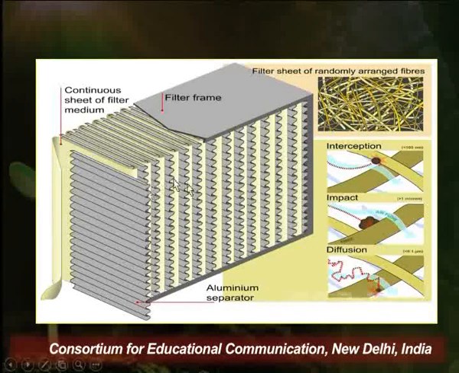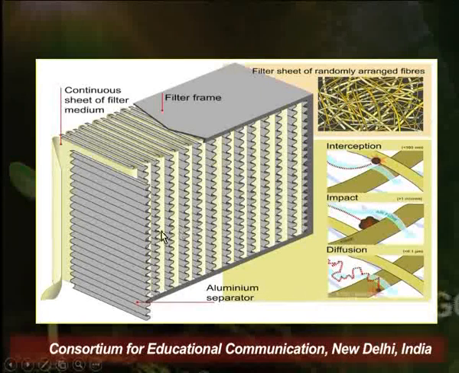So this is a continuous sheet of filter medium which is separated by aluminum separators, and this is enclosed in a filter frame. So air always passes through these contortions of filter medium, and because of these fibers of the filters, the larger particles are stopped, and only the small gases which are of very minute size are allowed through by the process of diffusion.